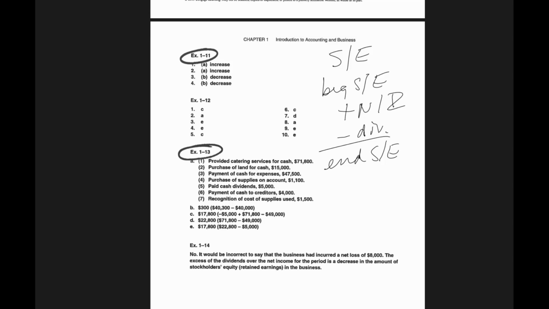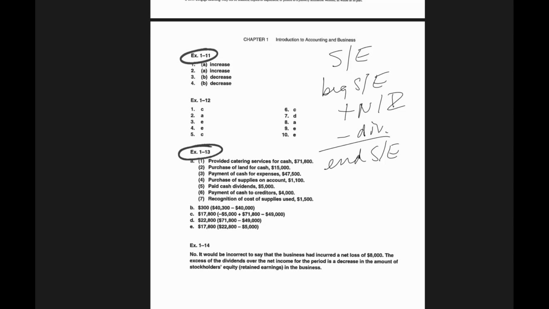We charged it. Number 5, there's a reduction of cash of $5,000 and dividends of $5,000. So in this case, what did we do? We paid dividends of $5,000. Number 6, payment of $4,000 of cash and accounts payable is reduced by 4.